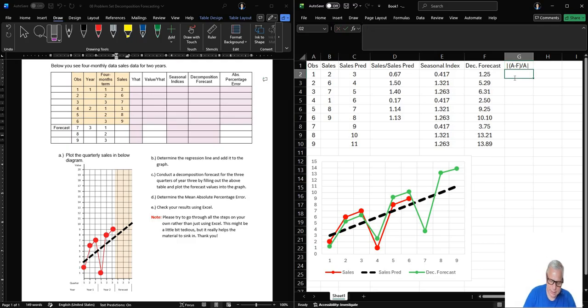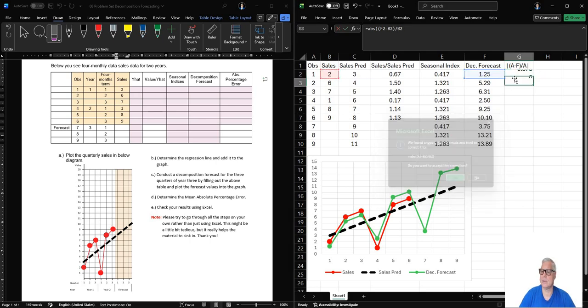In Excel language, that's equals ABS. Okay, so I need another parentheses. So I take a look at the difference between the decomposition forecast and the actual sales, divided by the actual sales. Oh, I forgot to close the parentheses, but Excel is smart enough and figured it out.